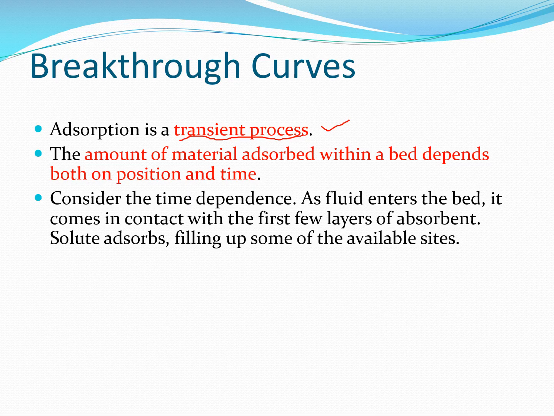As you move along the length of the bed, the conditions will be changing. So in the start, the adsorbents are saturated, then the phenomena move towards the next phase and then the next phase, until the feed stream exits the column.